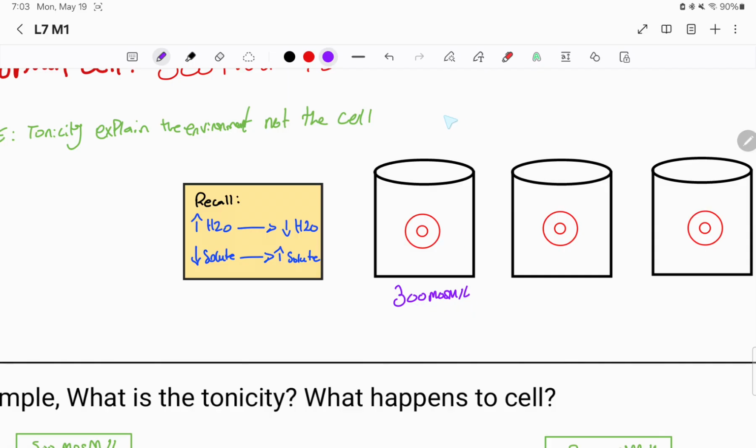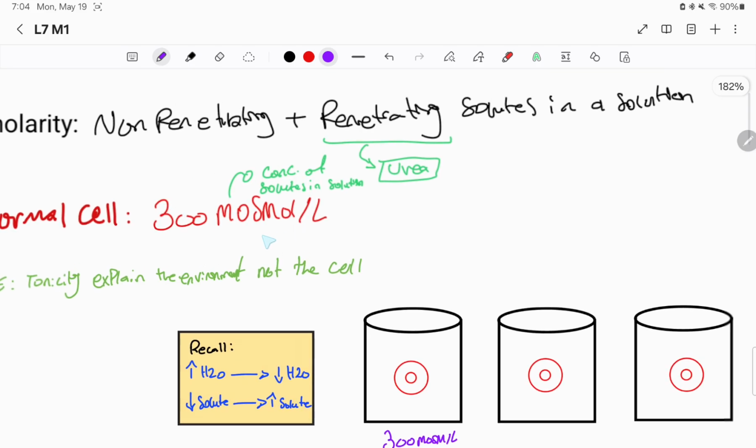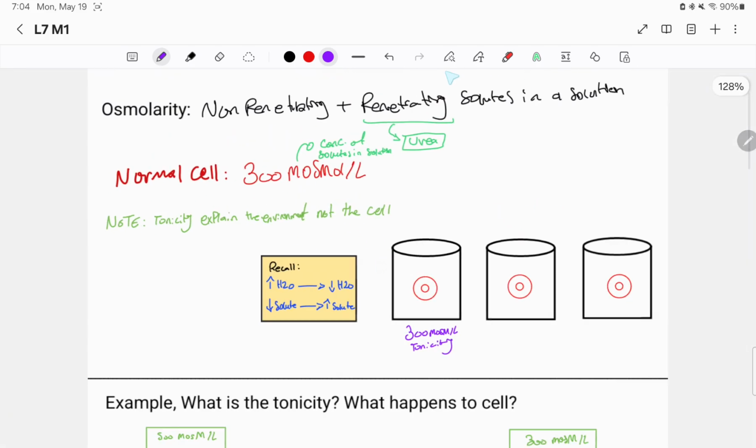By the way, you might see me from time to time switch between writing milliosmole per liter or milliosmole per liter, and the big M is just a short way of saying mole. Anyways, the 300 milliosmoles outside of the cell is the tonicity. And the inside of the cell we know is 300 milliosmoles per liter normally.